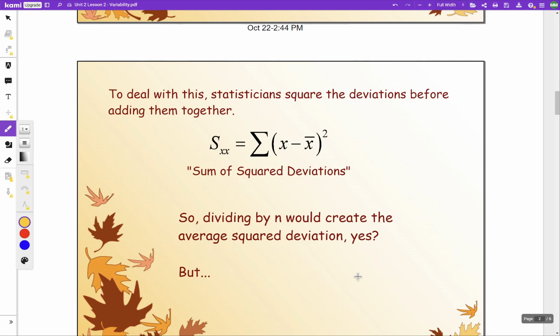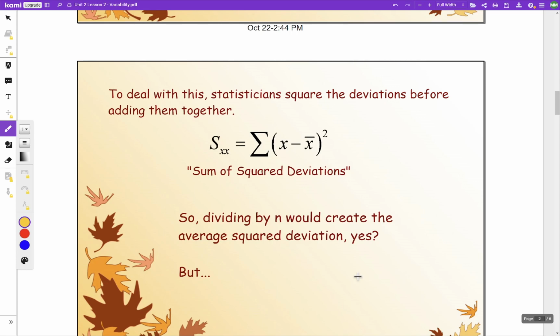So what statisticians do instead is they square the deviations before adding them together. This creates something called the sum of squared deviations. The symbol for it is S with a subscript XX, and it references the sum of deviations squared.